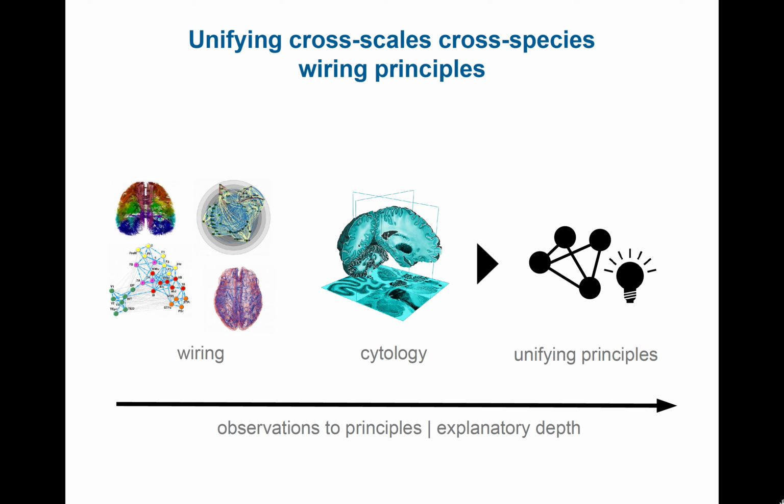Thus, we have a transition from observations to principles, and the explanatory depth with respect to the scientific object at hand, that is the mammalian cortex, is enhanced when we transition from left to right, as we observe in this diagram.